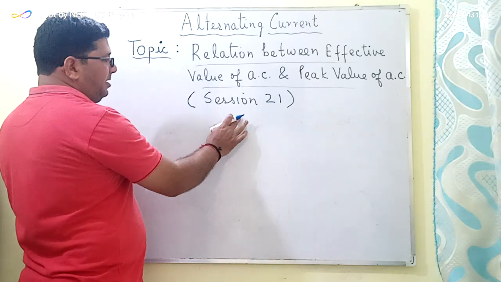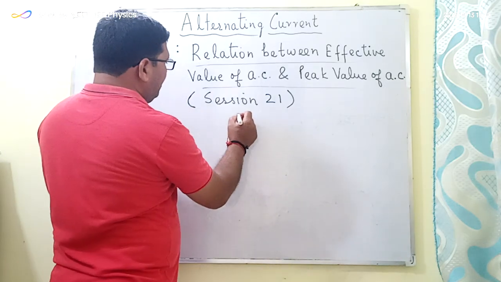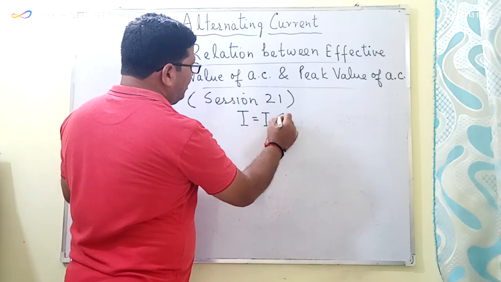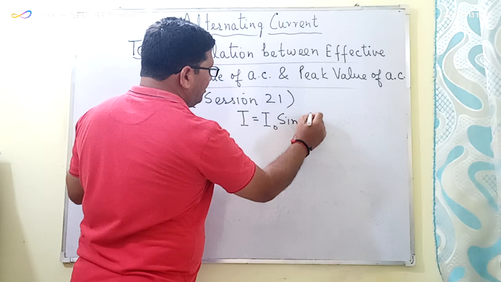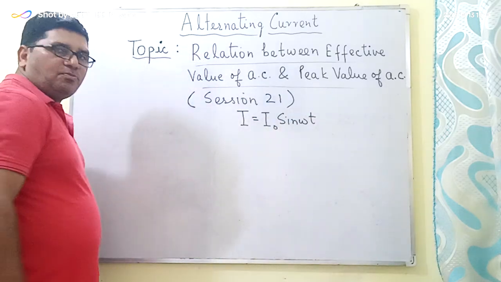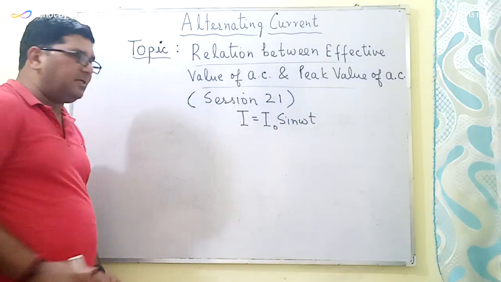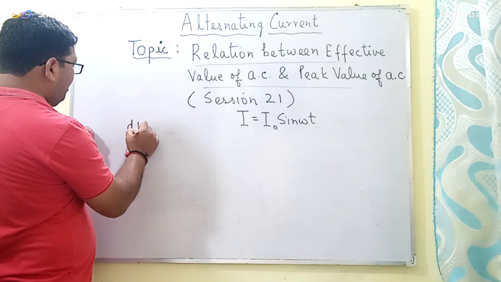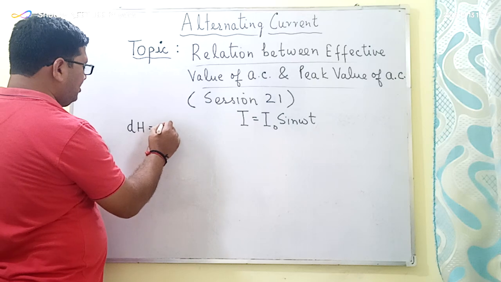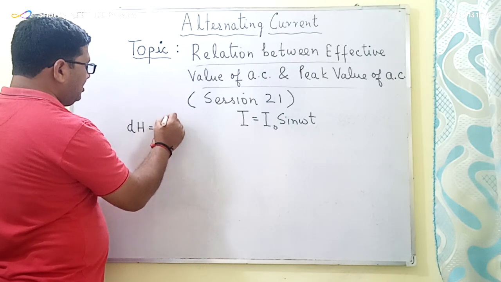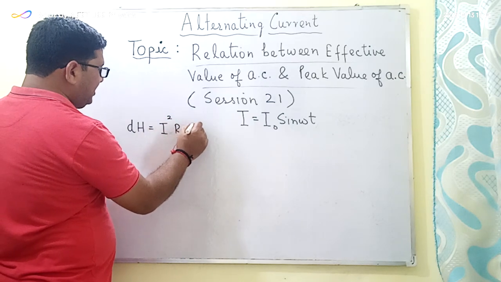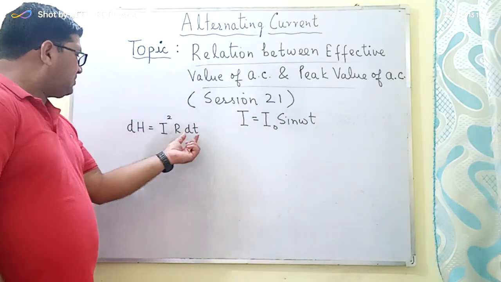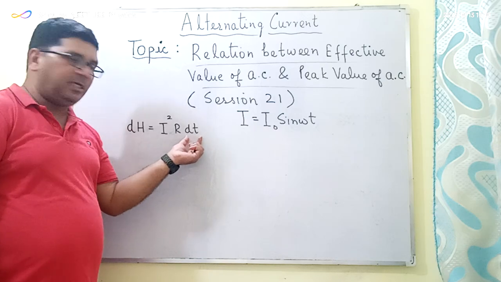So in the AC circuit, the instantaneous current I is equal to I naught sine omega t. Now in a very small time interval, say dt, the heat produced can be written as dH is equal to I square R dt, where dH is the amount of heat produced in the time interval dt.